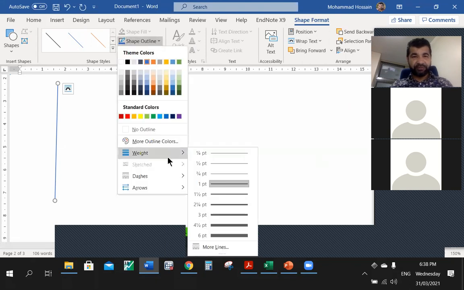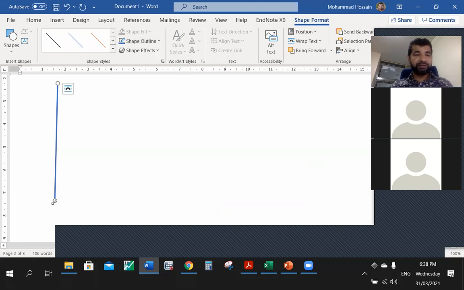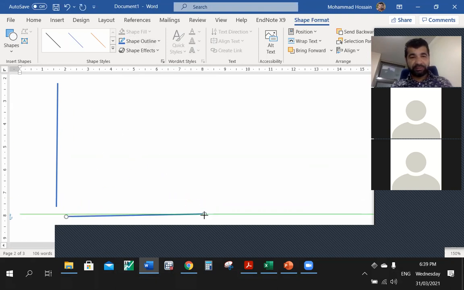Actually, I'll take it more. Okay. So that's your x-axis, and this is your y-axis, for example.